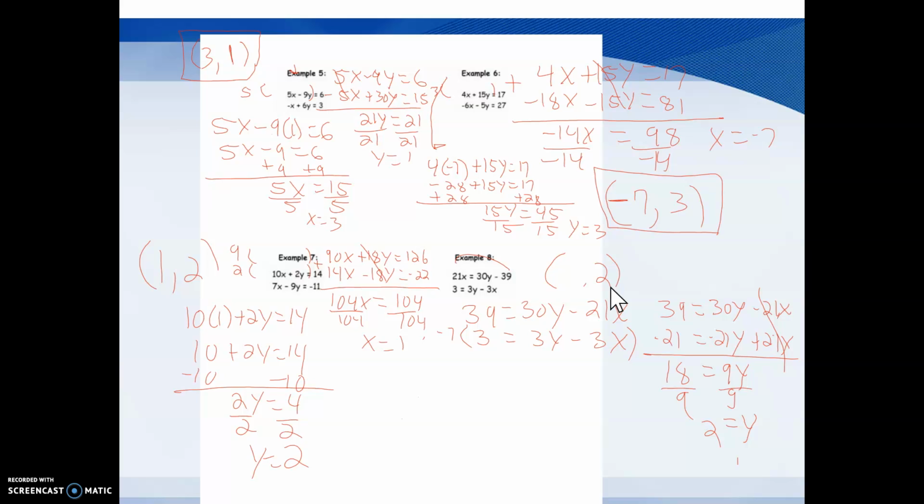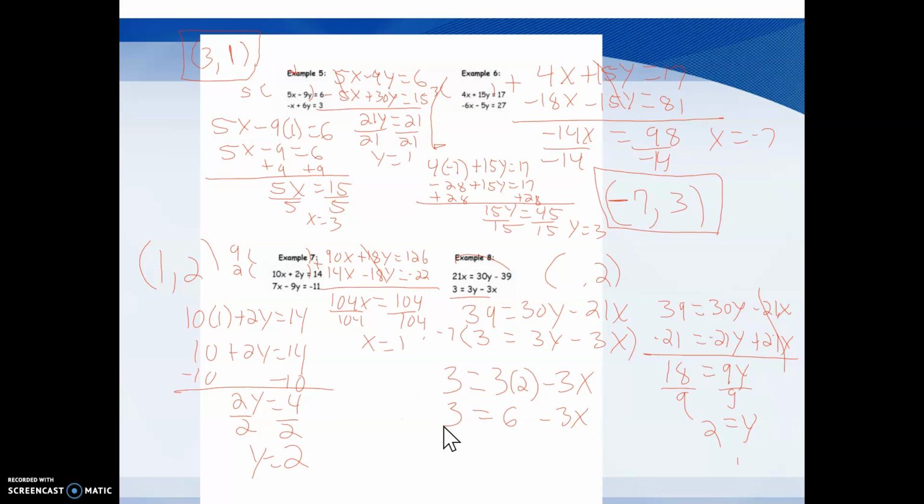Your choice. I think what I'm going to do is I'm going to take that bottom equation, right, and plug in 2 for y. So that's going to give me 3 times 2 minus 3x. Okay. So that's going to give me a 6.